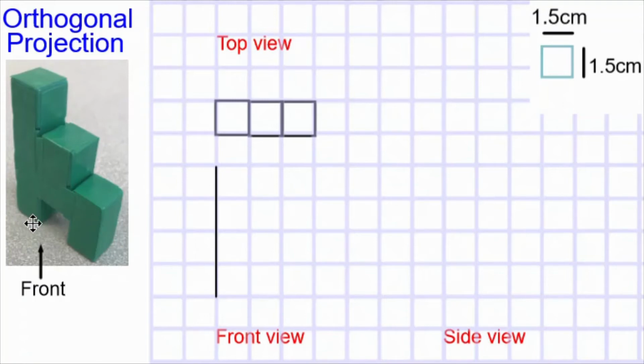On the bottom, I'm going to need a 1.5 centimeter line. And then it goes up, and that will also be 1.5 centimeters. We're able to piece together the shape of our object in this way. Another 1.5 centimeter horizontal line.